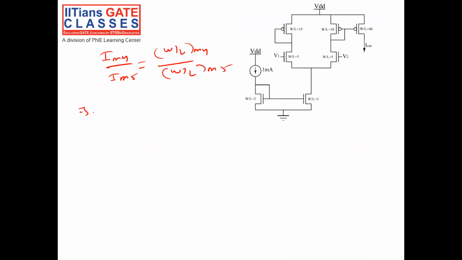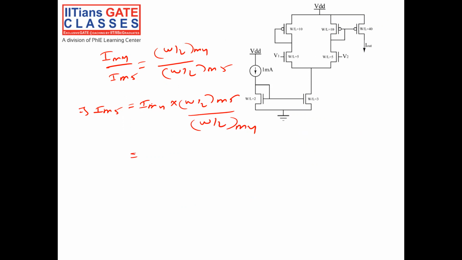So now IM5 is equal to IM4 into W by L of M5 divided by W by L of M4.